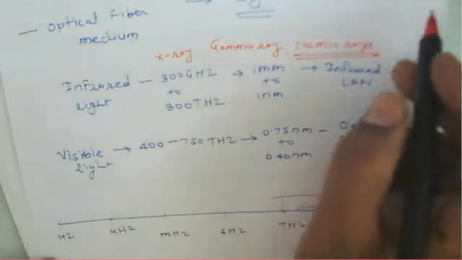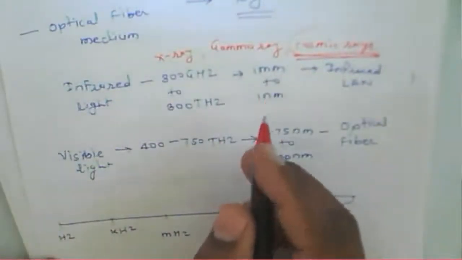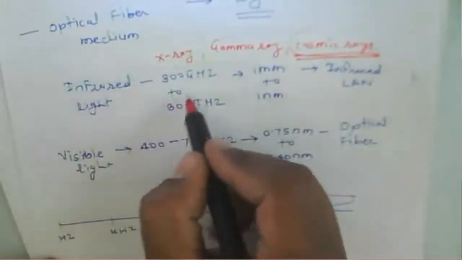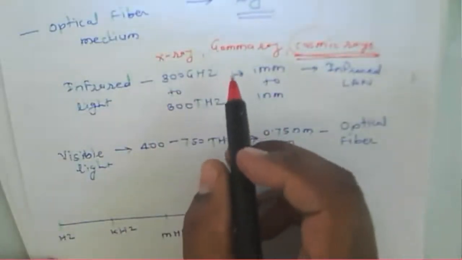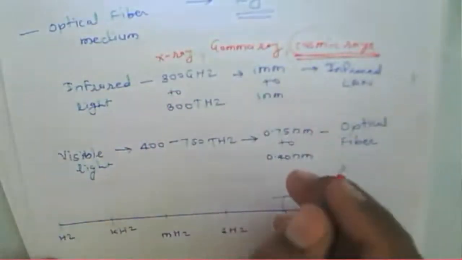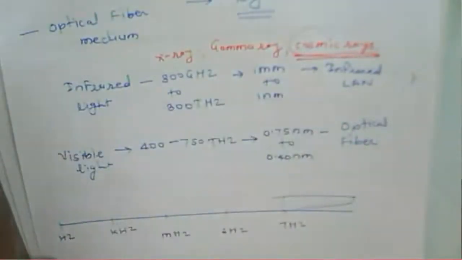Cosmic rays are used for the study of astronomy. So in this frequency range you can study gamma rays, X-rays, or cosmic rays.